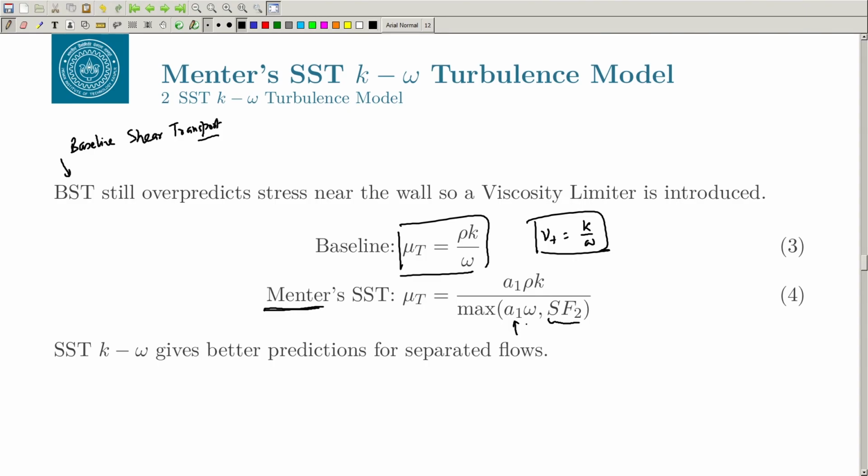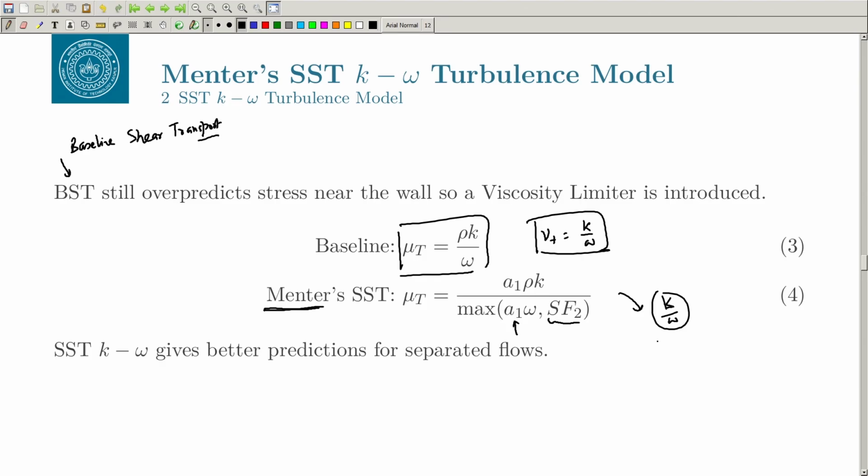So, what it says is that in certain regions you can get the value of k by omega, but in some flows the eddy viscosity that you are getting from k by omega is very high. It is so high that, let us say you have an expansion fan in some region, and you expect that the eddy viscosity should go down.